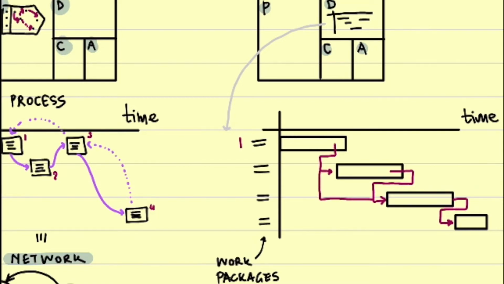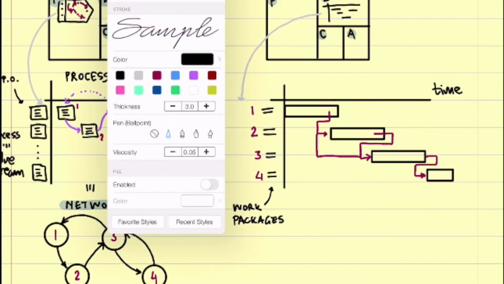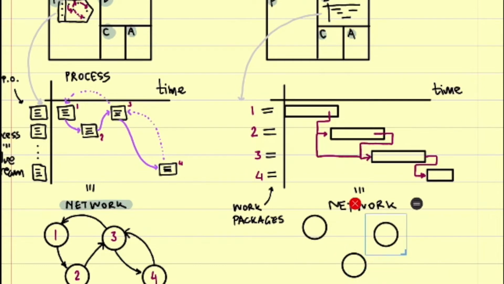So this is basically 1, 2, 3, 4, A, B, C, D, whatever you want to call it. And here this also, as you can imagine, can be described as a network in which the nodes are not the people, but the process steps, the work packages.